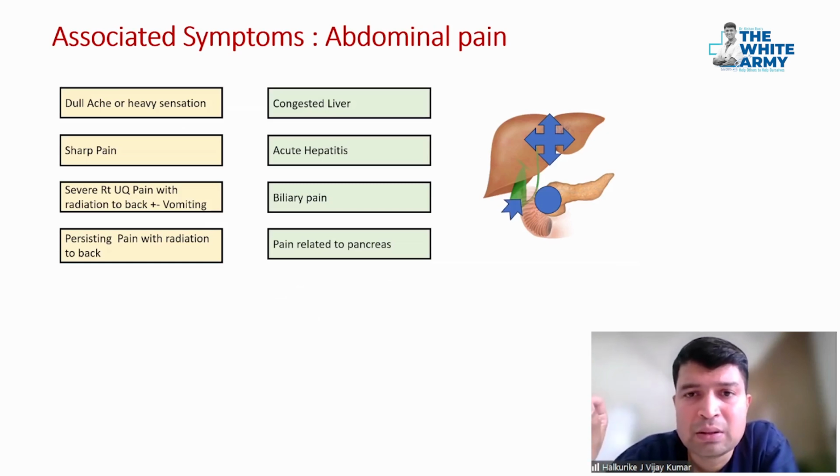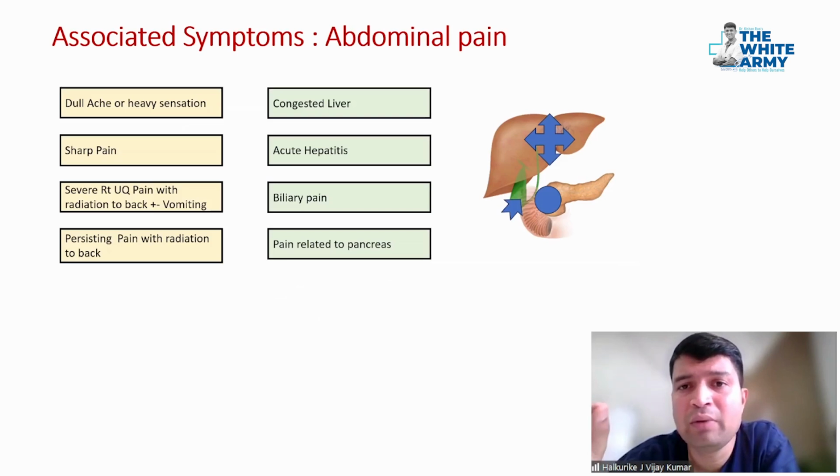Whenever a stone irritates the gallbladder and causes inflammation, or a stone gets stuck in the bile duct, it causes severe right upper quadrant pain radiating to the back, plus or minus vomiting. Few patients may have vomiting, few may not. So it is severe epigastric or right upper quadrant pain lasting for hours, sometimes radiating to the back with a bout of vomiting, most often seen after a heavy meal.